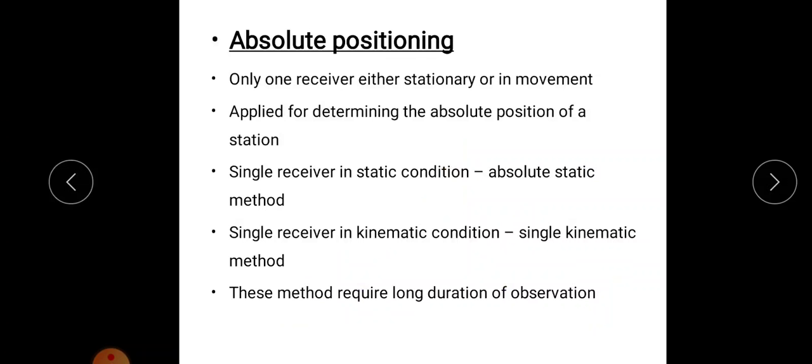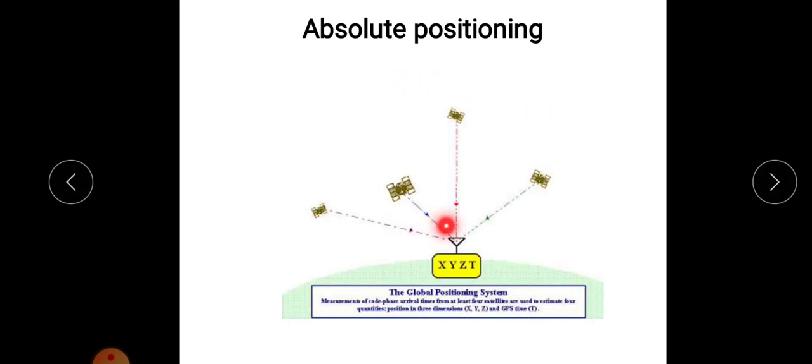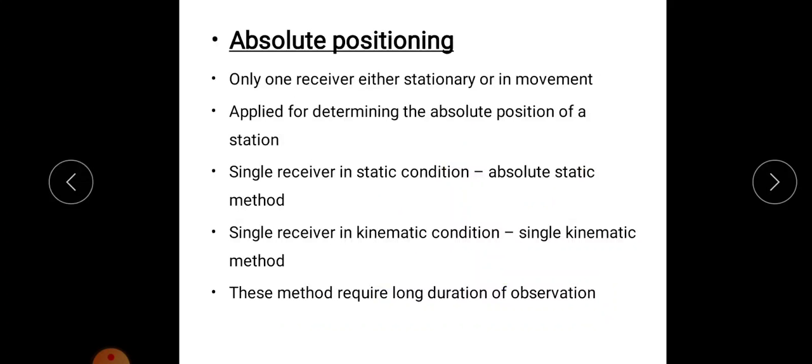In absolute positioning, there will be only one receiver, and it is applied for determining the absolute position of a station. We calculate the location of this object using the receiver located above that object. A single receiver in static condition is known as the absolute static method, and a single receiver in kinematic condition means the single kinematic method.